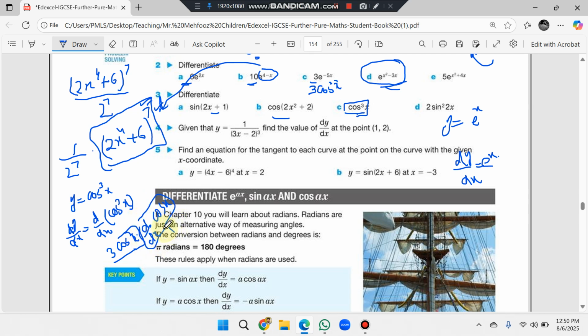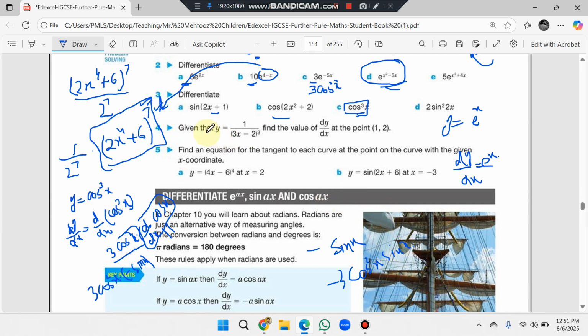I have told you that the derivative of cos x will be minus sin x. So we just put the value, and your answer will be 3 cos square x times minus sin x, and we can simplify it as minus 3 cos square x sin x.